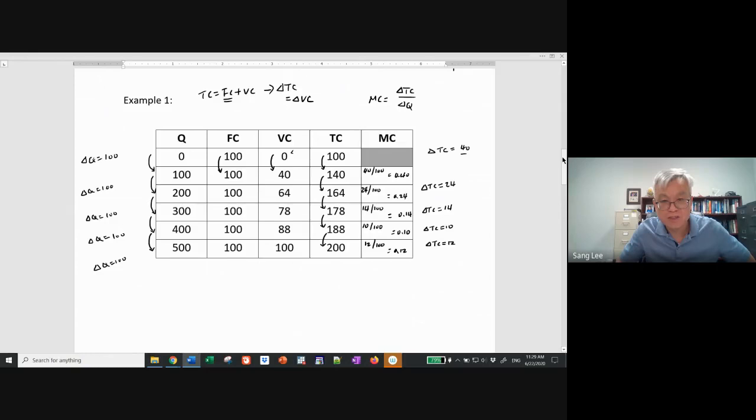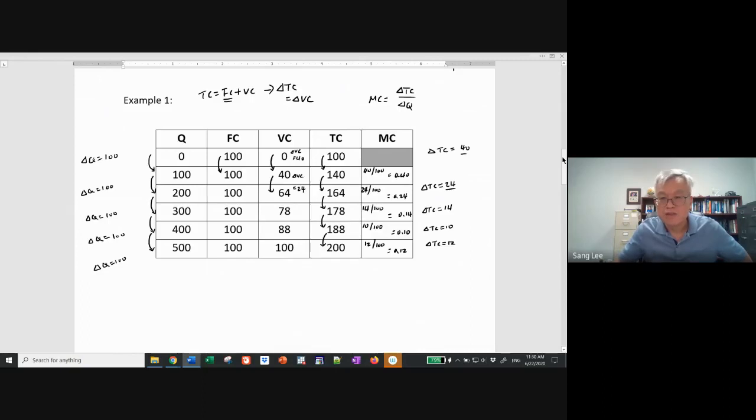Now, this time, when you increase output from 100 to 200 units, change in variable cost is 24. That's exactly the same as change in total cost. Okay. So we do know change in variable cost is exactly the same as a change in total cost because the fixed cost does not change.